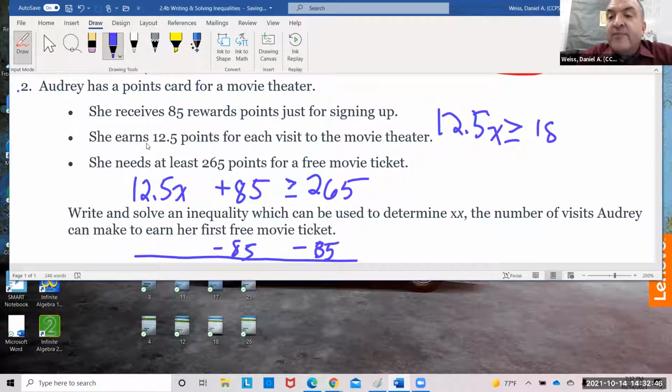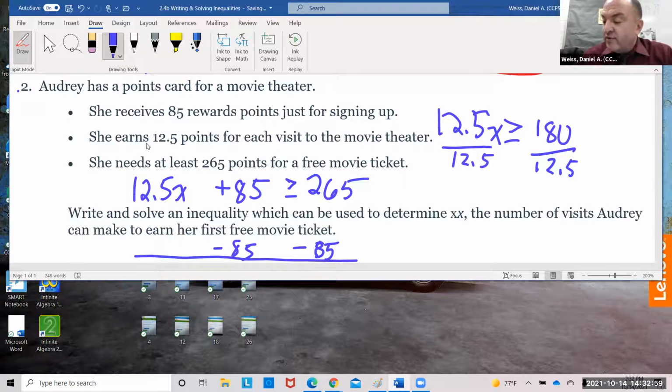That's 180. Divide by 12.5. And 180 divided by 12.5 is 14.4. So x is greater than or equal to 14.4.